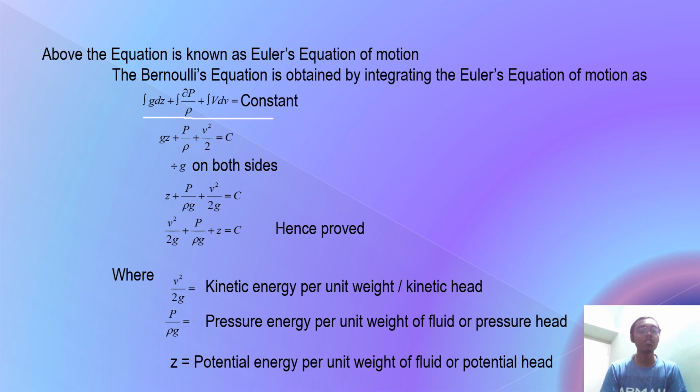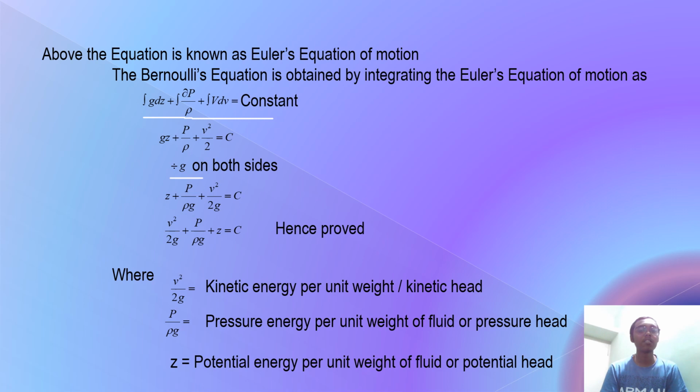The integration of g into dz means g into z, plus the integration of dP by rho means P by rho, plus the integration of V into dV means V square by 2, is equal to C, which means constant. Now divide by g on both sides. We get Z plus P by rho g plus V square by 2g is equal to C, that is, V square by 2g plus P by rho g plus Z is equal to C. Hence, it is proved.